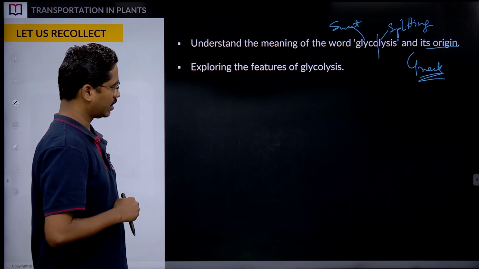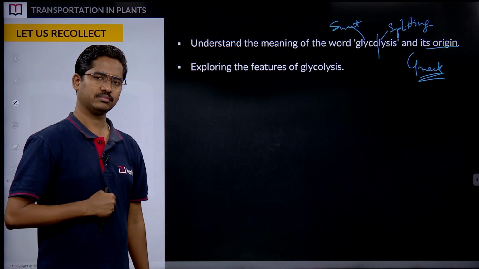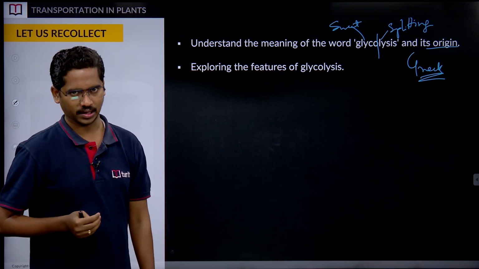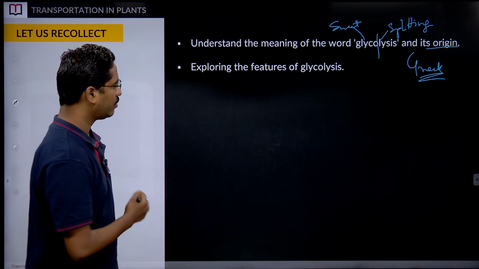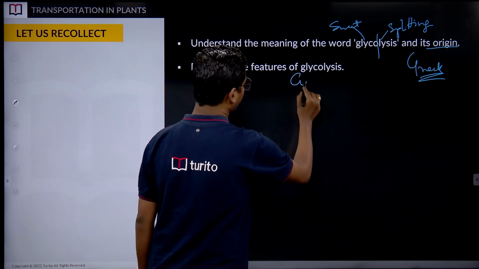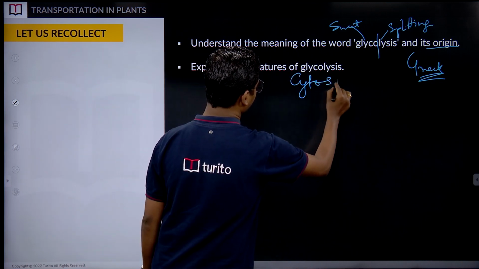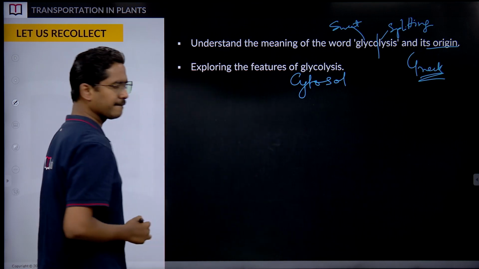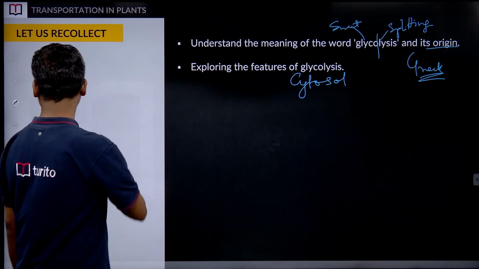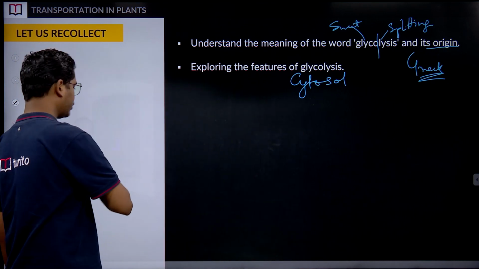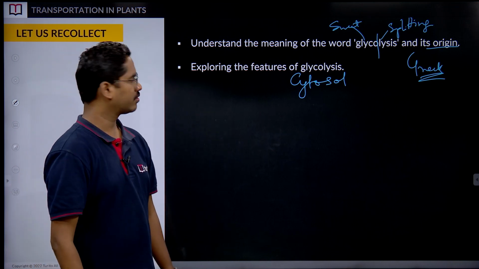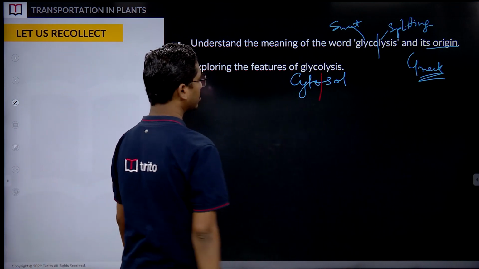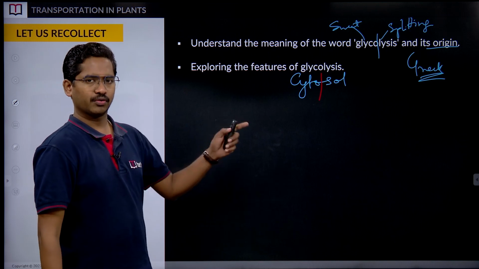Okay. And you know it takes place in the cytosol of the cell, right. So, can anyone tell me what is your understanding about cytosol? What is cytosol? Okay, I see answers dropping in the chat boxes. So, that is a clue for you.